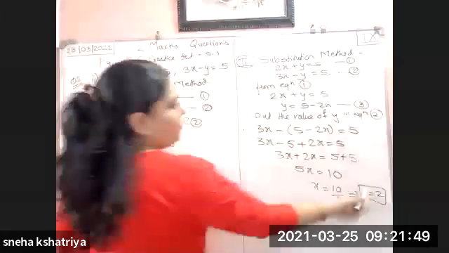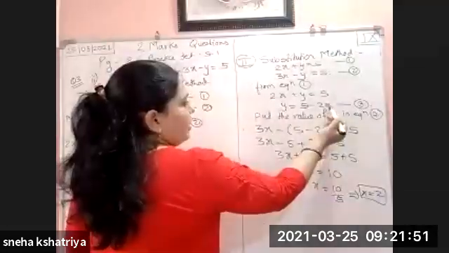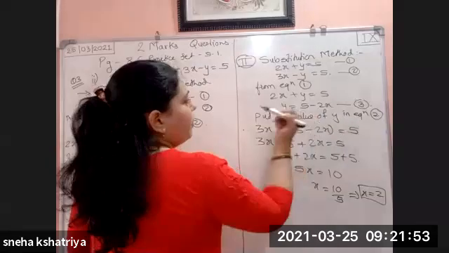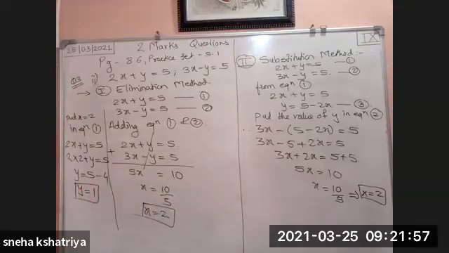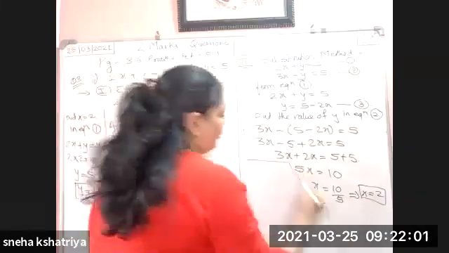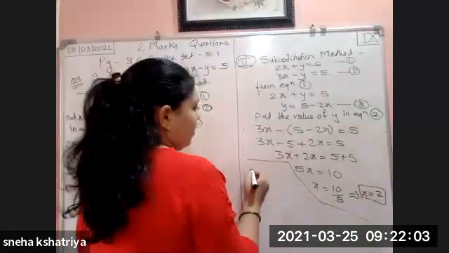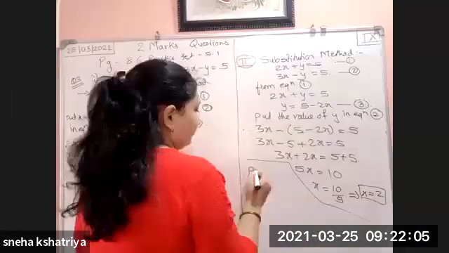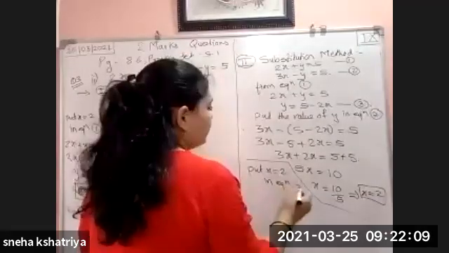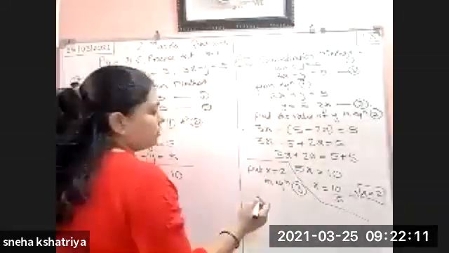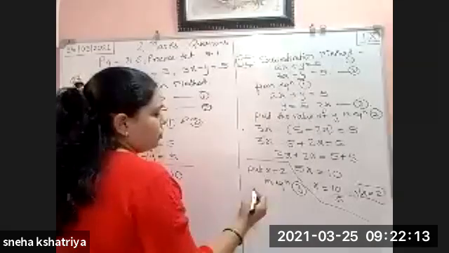See here, if you put the value of x in equation 3, then we can directly get the value of y, because we have already found the equation for y. So therefore, put x is equal to 2 in equation 3.